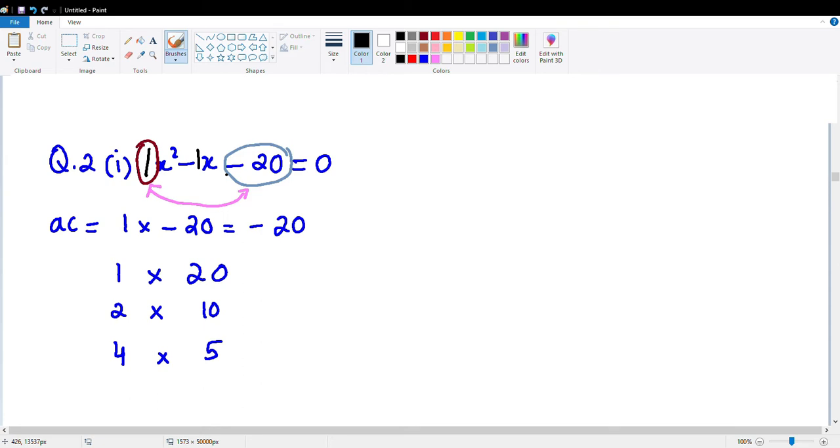Summing them up, you can see that one of the factors is going to be negative, and one of them has to be positive.